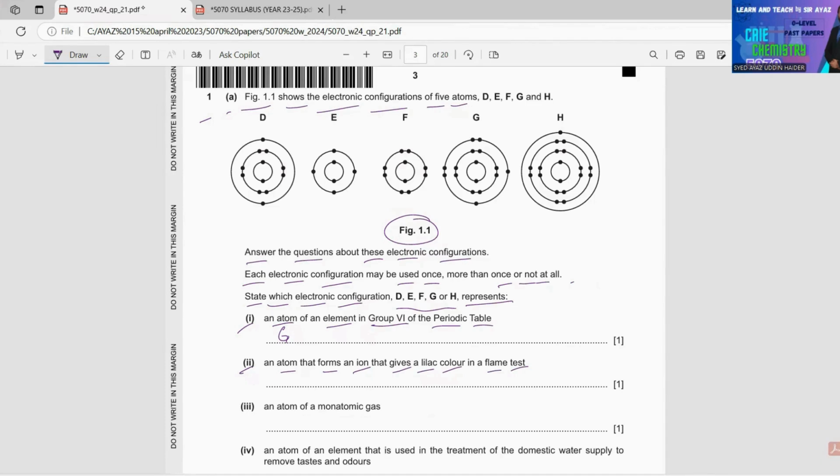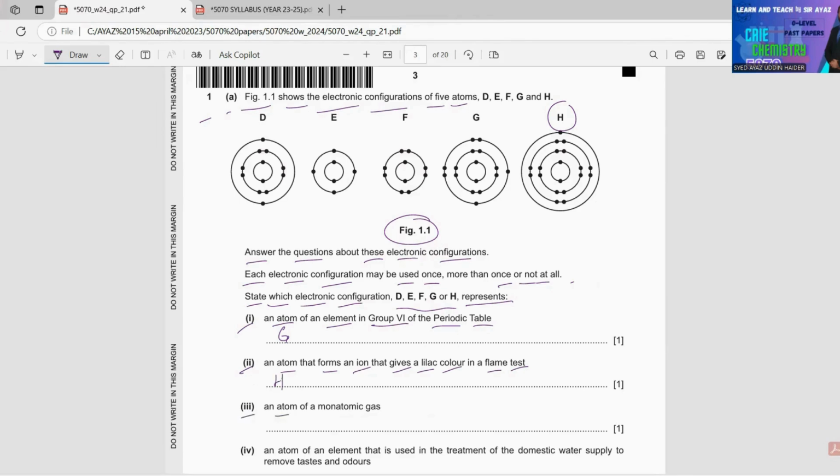Looking at these choices, I have H. If you count the electrons in H: 1, 2, 3, 4, 5, 6, 7, 8, 9, 10, 11, 12, 13, 14, 15, 16, 17, 18, 19. There are 19 electrons in H. So H must be the potassium that gives a lilac color in a flame test. So you'll write H here.